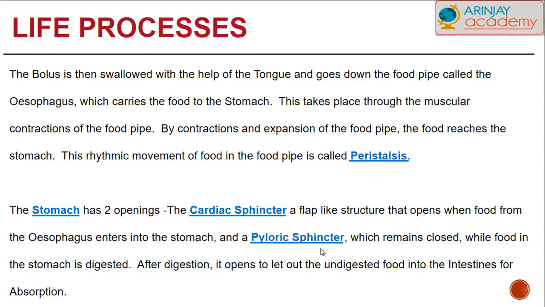The stomach has 2 openings: the cardiac sphincter, which is a flap-like structure that opens when food from the esophagus enters the stomach, and a pyloric sphincter, which remains closed and is attached to the small intestine. This remains closed till the food is digested in the stomach, and at intervals it opens to let out the undigested food into the intestine.